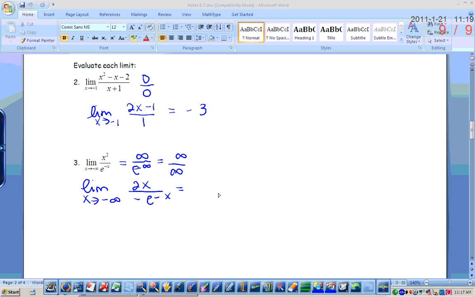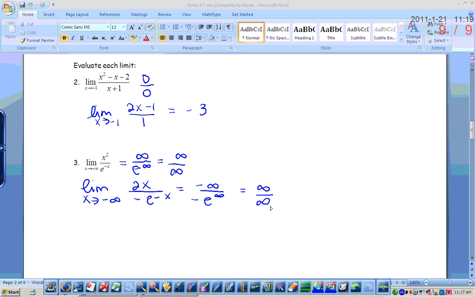Now when I plug in negative infinity, what do you think 2 times negative infinity is? Negative infinity. And then I'm going to get negative e to the infinity. And a negative divided by a negative is still a positive.